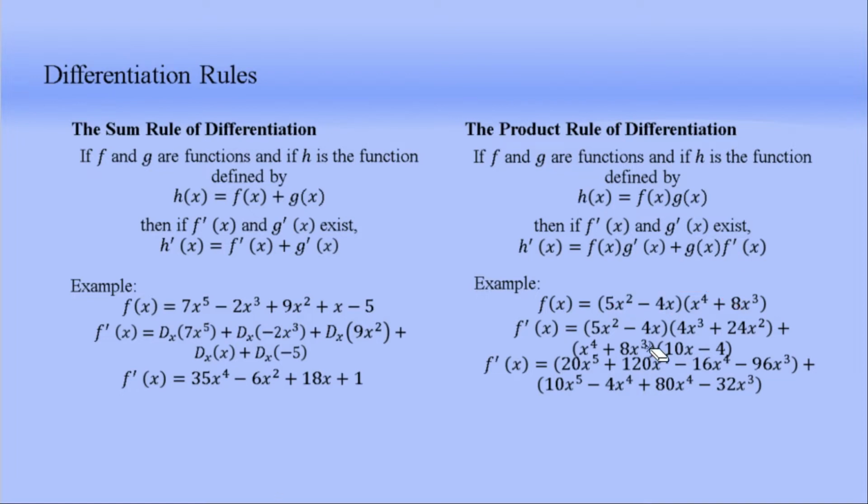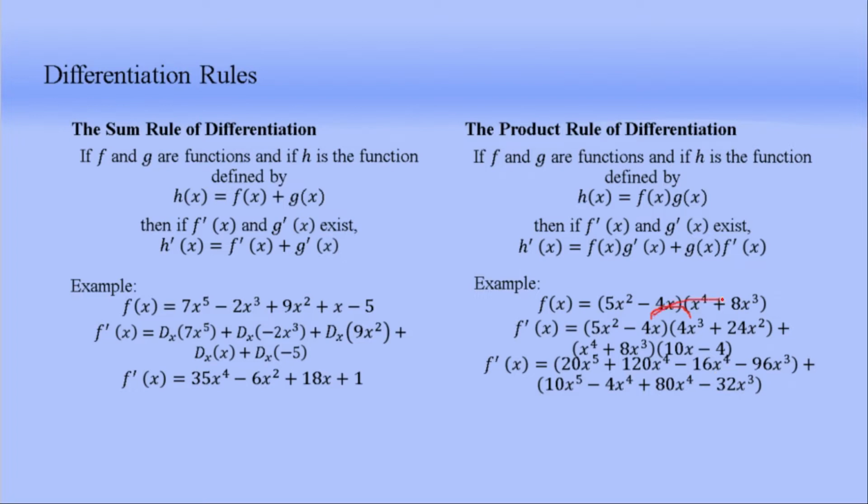And then this is just the same for this second term here in the first function. So we are going to multiply negative 4x to 4x cubed. That is going to equate to negative 16x raised to the fourth power.